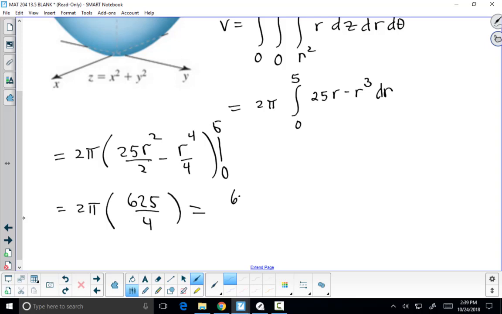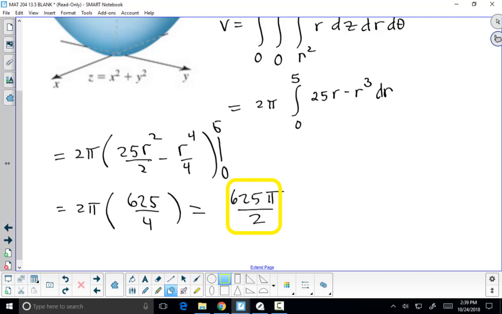So that's going to be 625 pi divided by 2. Somebody check, but I think that's right. You got the same answer, 625 pi over two. Okay, good. Let's make that look more like a 5.